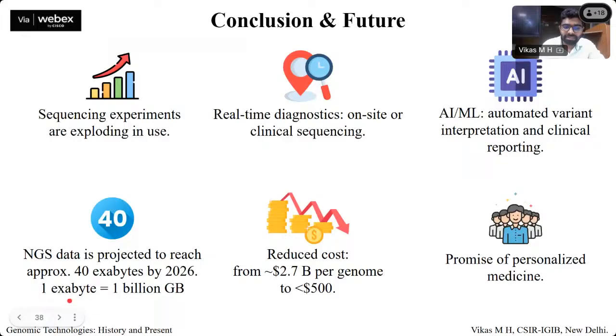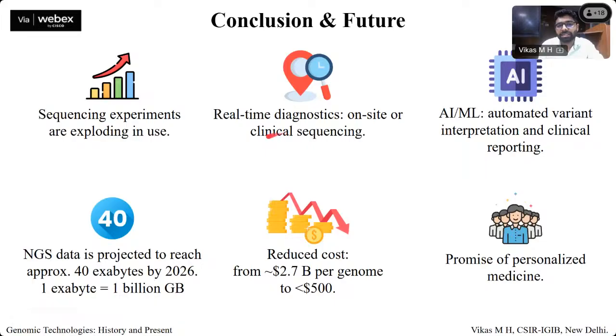So 1 exabyte is around 1 billion GBs. So you can see the amount of data that is being produced, and which will be 40 exabytes by the end of this year. And we are just gaining momentum in NGS. So this data can increase a lot over time.